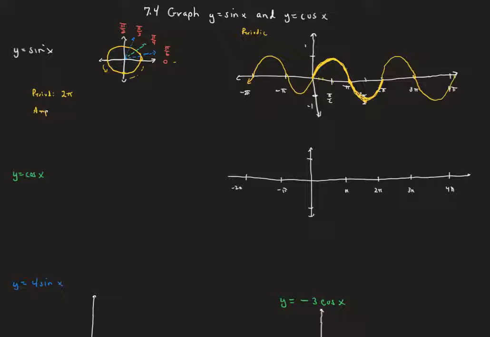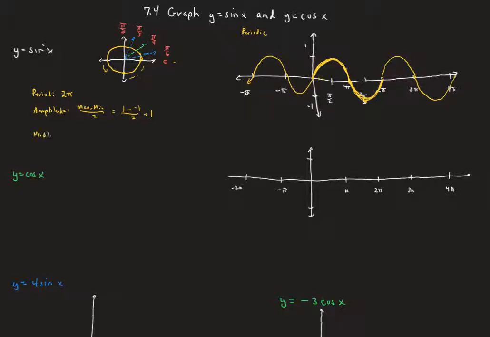Its amplitude, remember, is the largest value, the max, minus the min, and then divide that by 2. The largest we ever get is a positive 1. The smallest we ever get is a negative 1. And so the amplitude of the sine curve is going to be 1. We have what we've called the midline before.